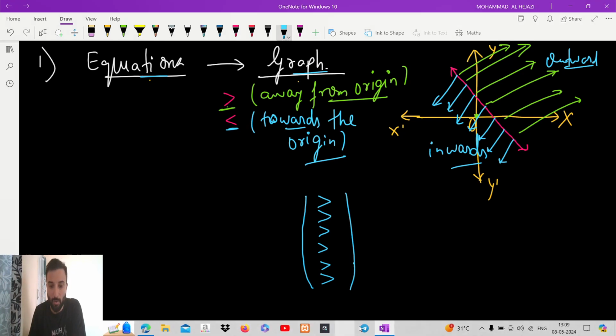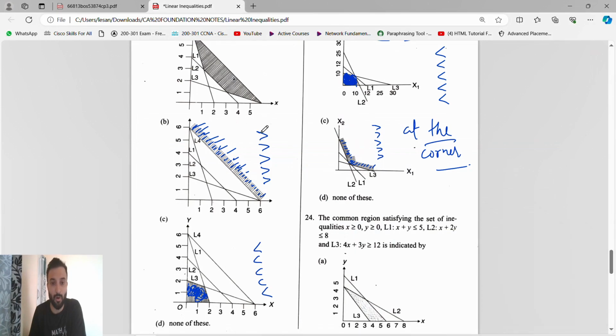If the sign is all greater than, then this outward is the answer. If all the symbols are lesser than, then at the corner, this corner is the answer.